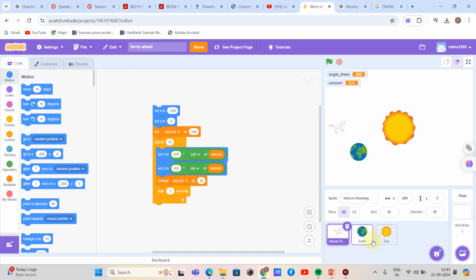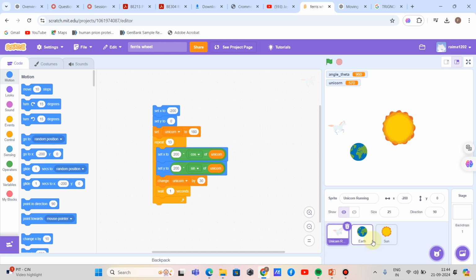We all know that one full circle means 360 degrees of movement, and I am using 30 degree intervals, so the number of loops is 360 divided by 30, which is equal to 12. But Scratch's iteration goes from 1 to 11 if I use the range 12, so I have to increase it by one. In order to do 1 to 12 iterations, I have to set the repeat till 13.